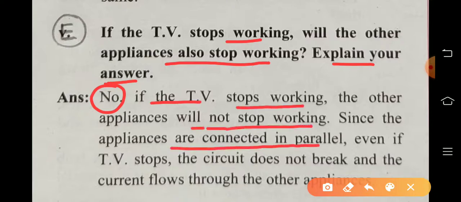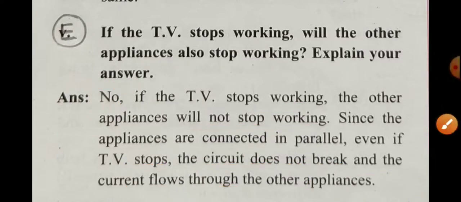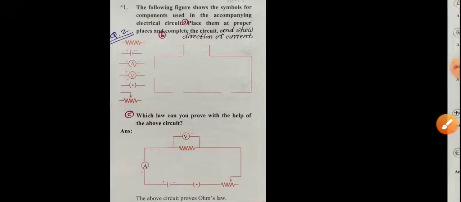If the appliances were connected in series, then if any one appliance is not working, the remaining appliances also do not work. That's why all appliances are connected in parallel combination only. Even if the TV stops, the circuit does not break and the current flows through the other appliances. This is the answer to this question.